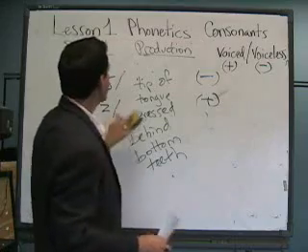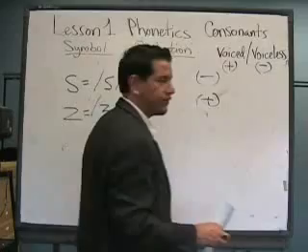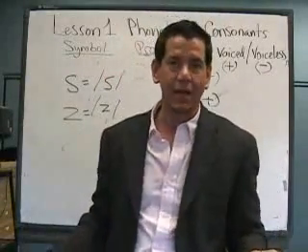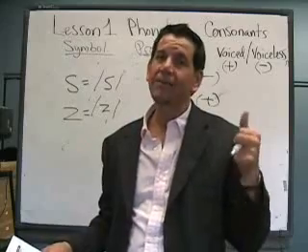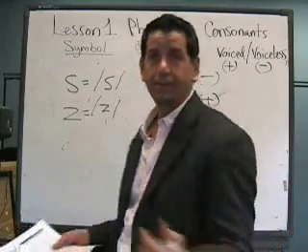All right, well, the problem with S and Z is that in a lot of languages, they don't have the final Z sound. And remember, we have plurals, S and Z, right?